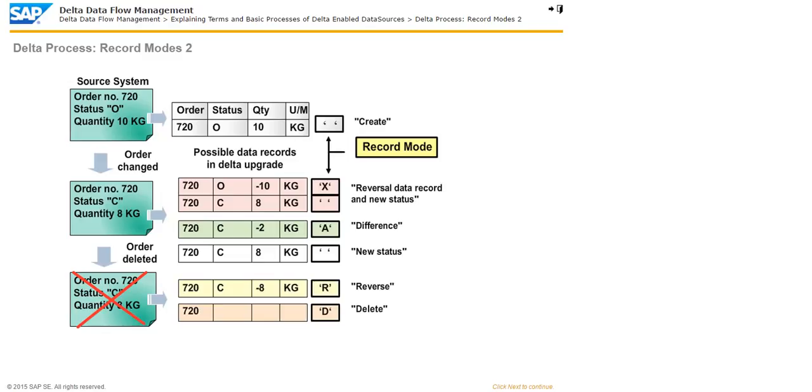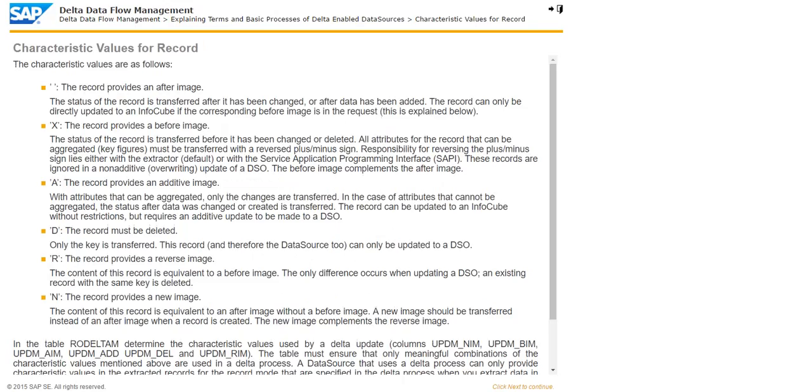The data source is assigned to the info object 0RECORDMODE in the SAP BW system. The characteristic values are as follows.